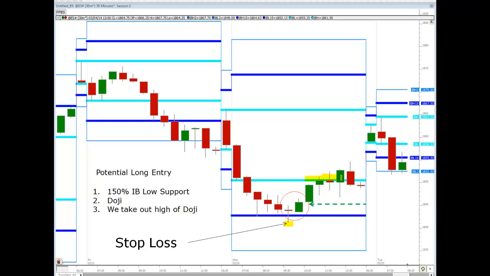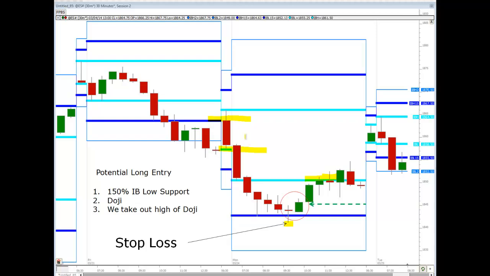Now, if I wanted a second target, it would actually be the point where the initial balance broke about halfway up here, and then as another reasonable target, the third target, I would look at the 150% up here, and that's right where we opened.